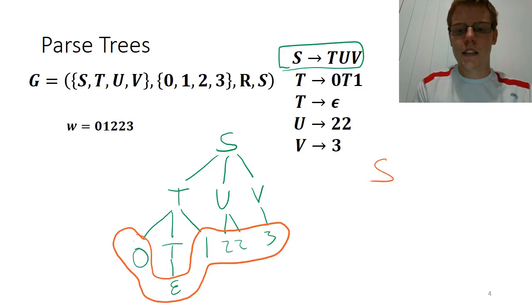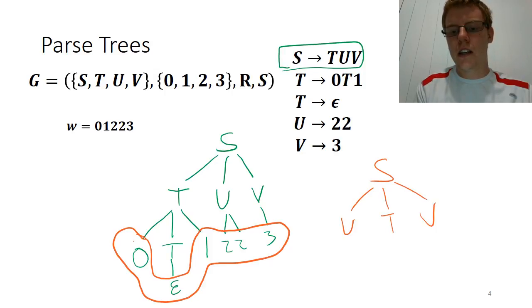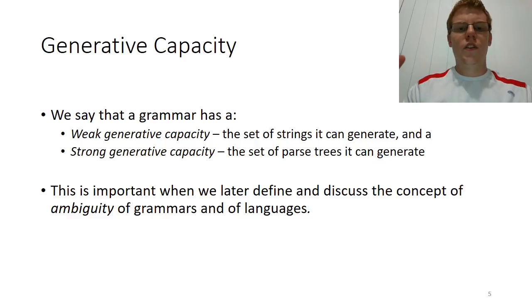So we can't, for instance, just go willy-nilly and put, oh yeah, there's a U, there's a T and there's a V, because that doesn't give us the string that we want at the end. And remember that order is important when it comes to strings. So you know that given a grammar, we can generate a parse tree to show the way in which that grammar generates the string.